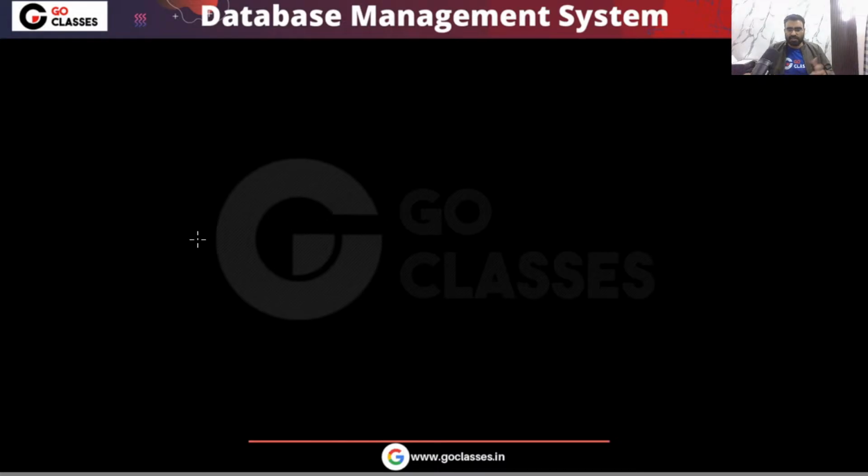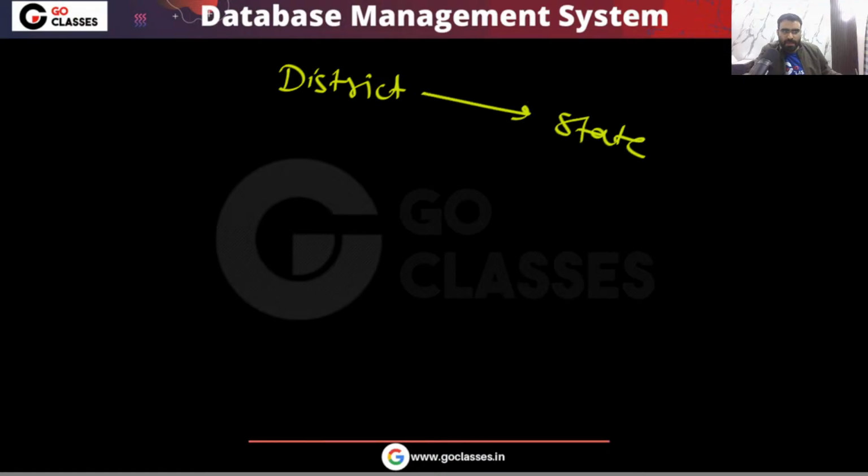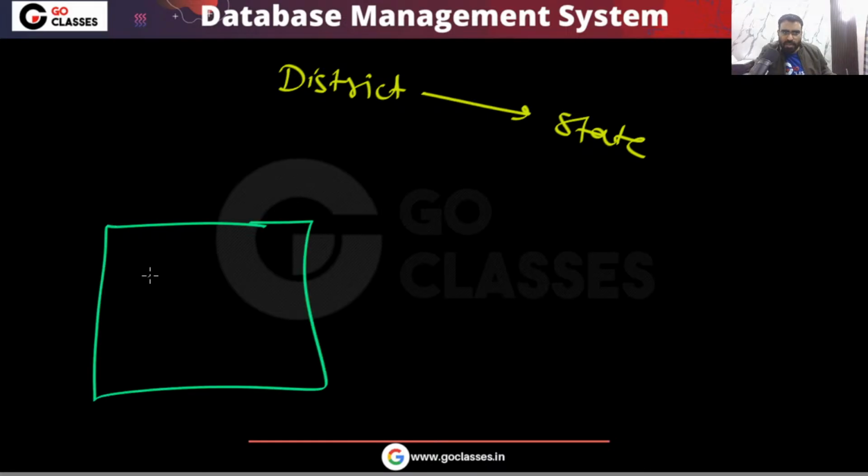For example, in the national database of our country India, we want that district should determine state. If you know the name of the district, then definitely you should know the name of the state. Have you seen this? Whenever you are filling the GATE application form, and let's assume there is a district column and a state column, when you fill the district, the state column is automatically filled.